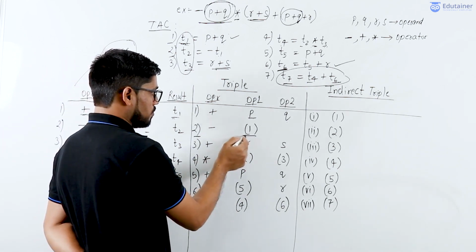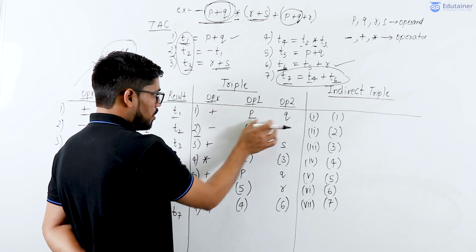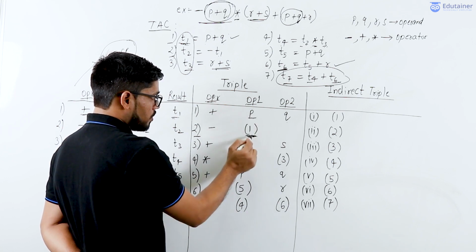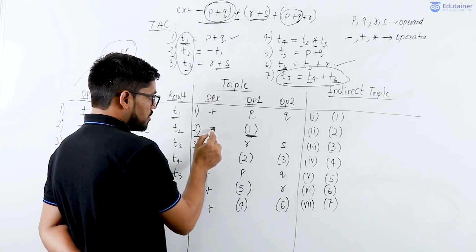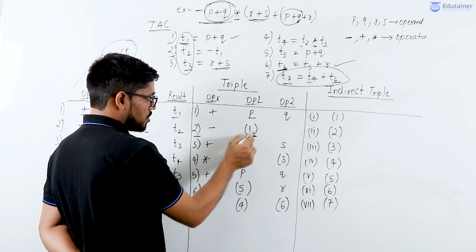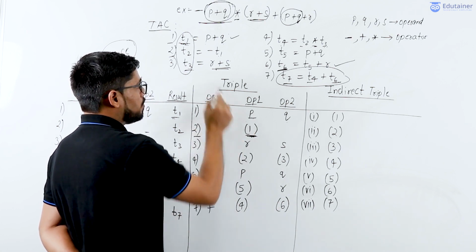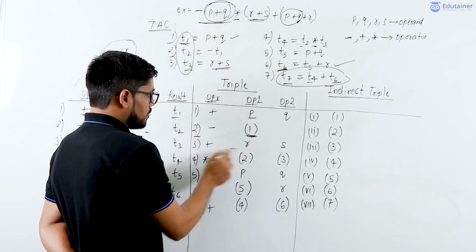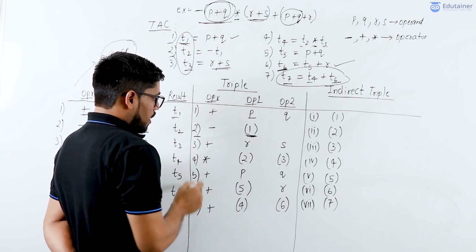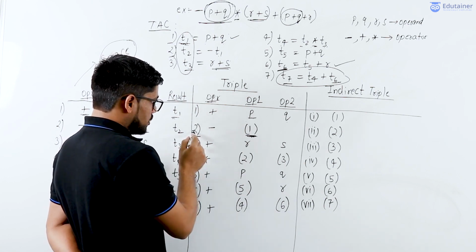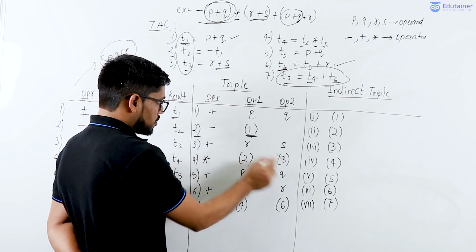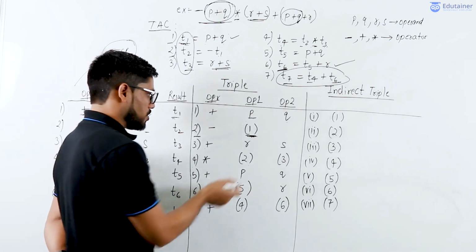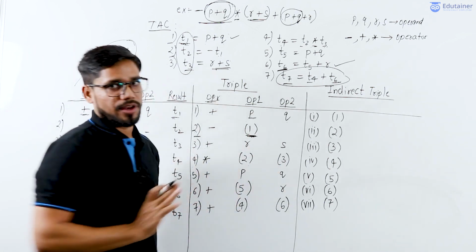So instruction number 1 carried out P plus Q, and it is represented here in operand 1. The subtraction symbol is used before instruction 1. It means P plus Q and then minus. Similarly, the third operation is R plus S, and the fourth operation is instruction 2 and instruction 3 multiplied. So I think you got the point. Here the instruction number is used in place of the temporary variable.